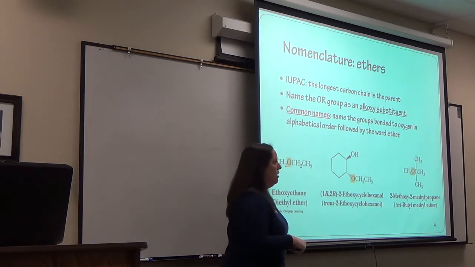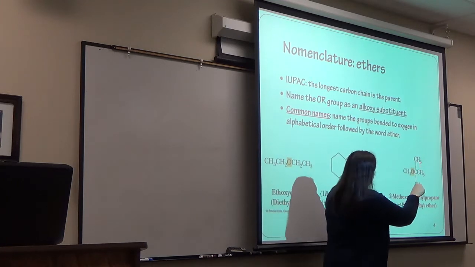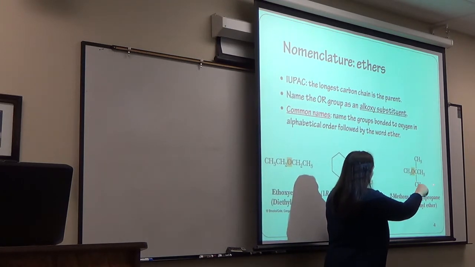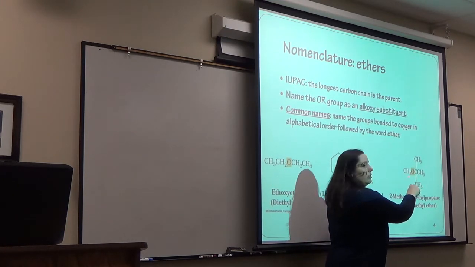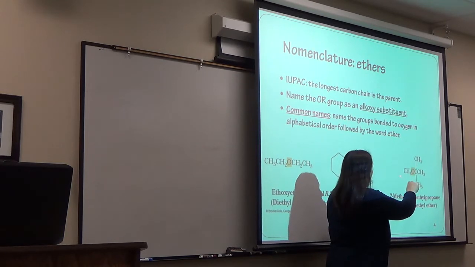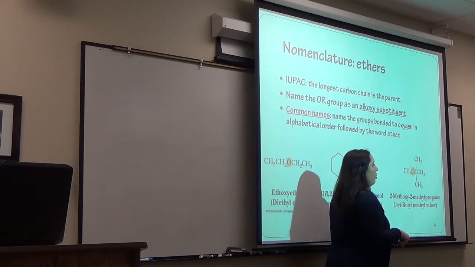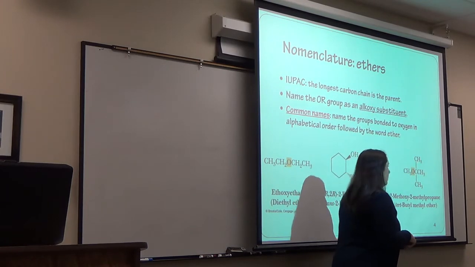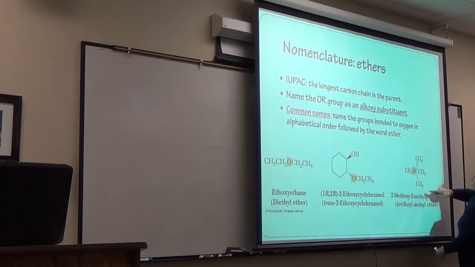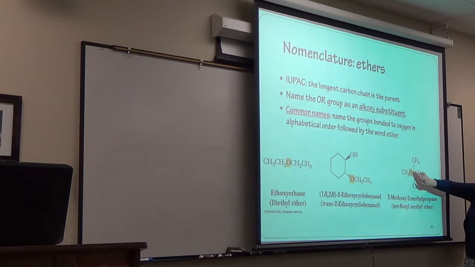Does that make sense? And then on this one, what's bigger, 1 carbon or 4? 4. So this would be methoxy. This would be off of the second carbon also, 2-methoxy, 2-methyl, and then you have 3 carbons, propane. So the longest chain is 1, 2, 3.